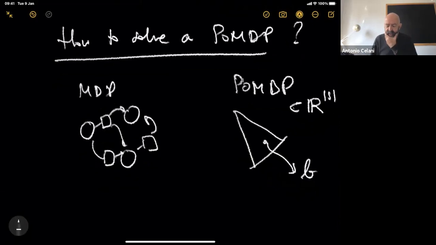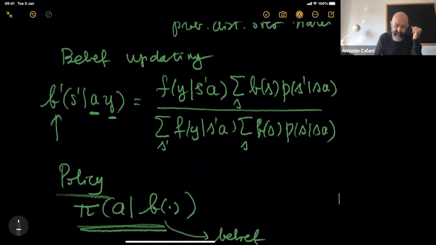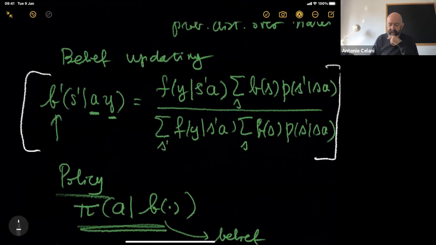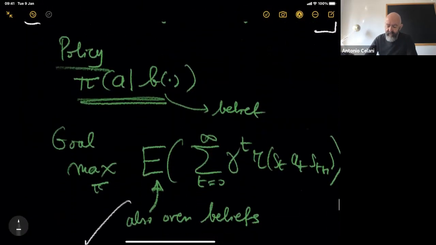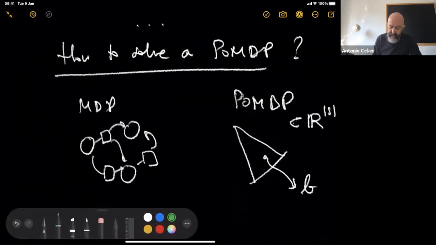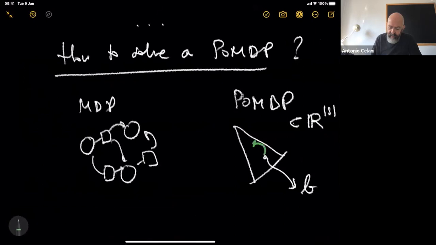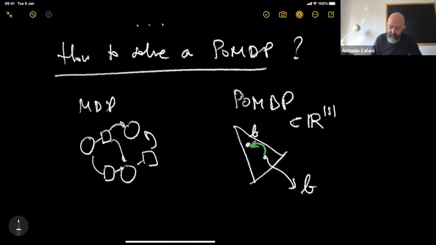The first key observation is that Bayesian updating, that is this formula here, is sending beliefs into new beliefs. So what is happening here is that after you make an observation, your system will jump into a new belief B prime.